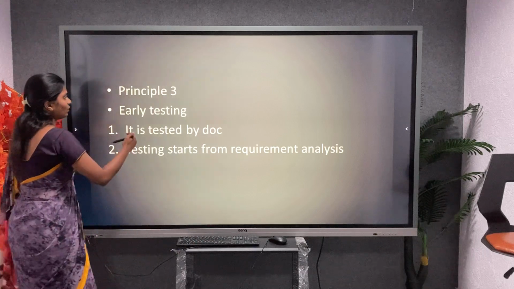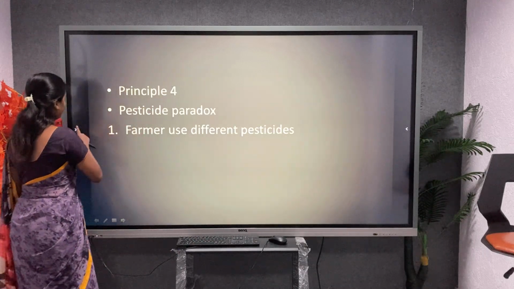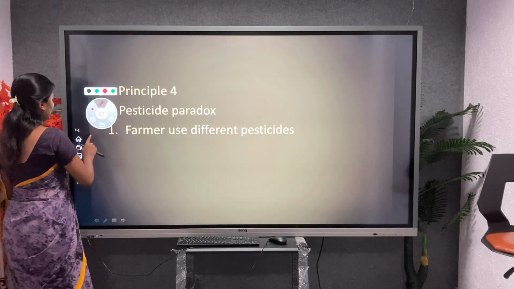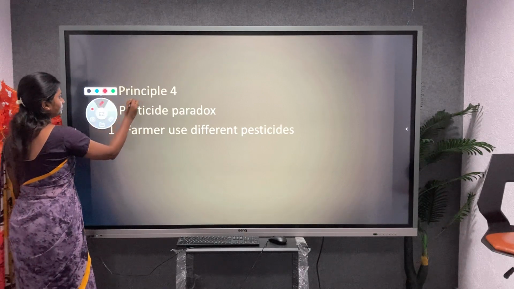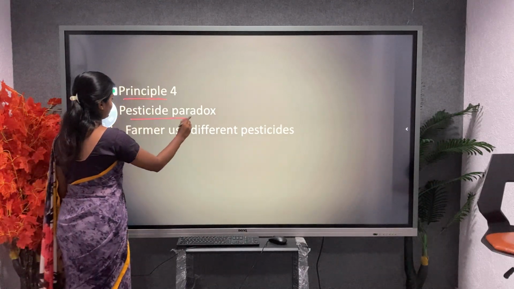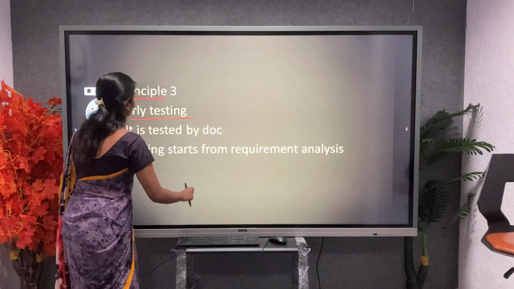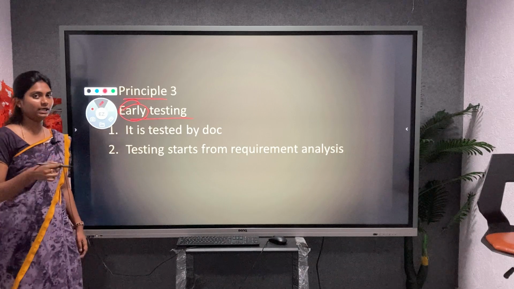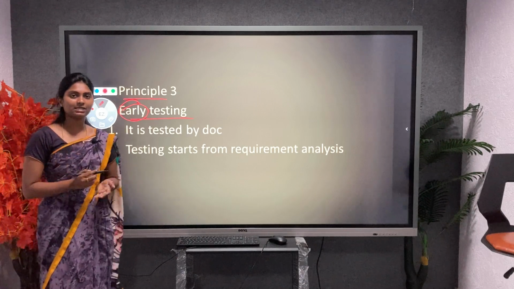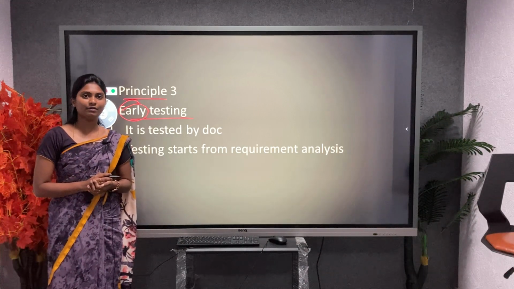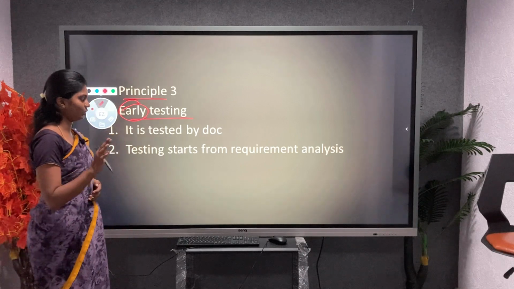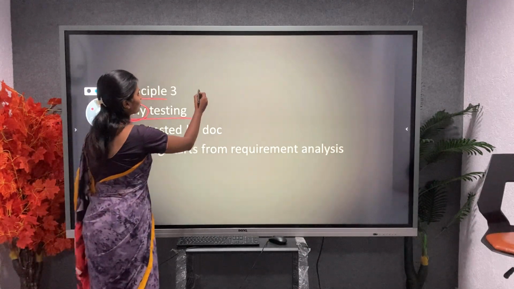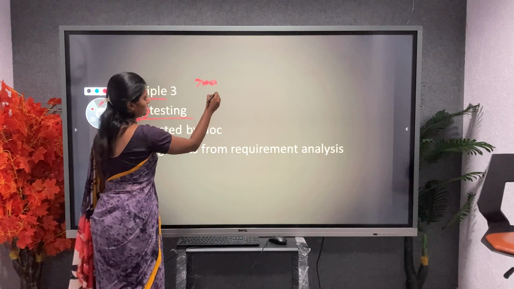So next one, principle 3. Next one, principle 3, we will talk about what is the pesticide paradox, what is the early stage, what will define the early stage. In this third step in testing we will require 4 steps, which are nothing but requirements, okay.